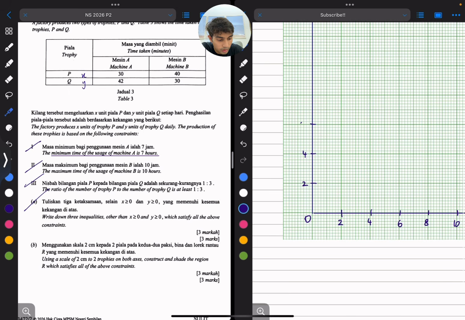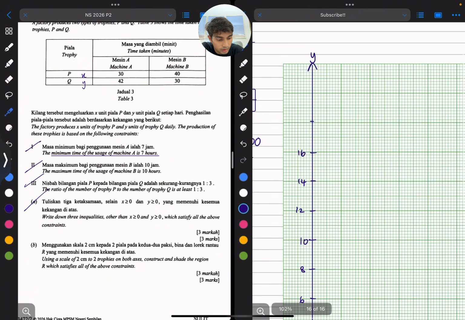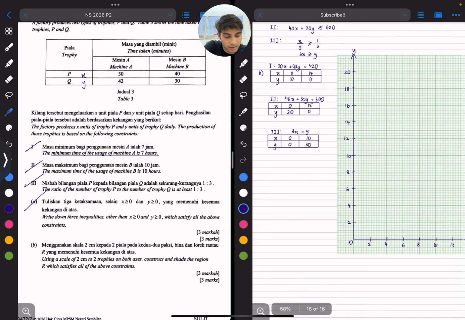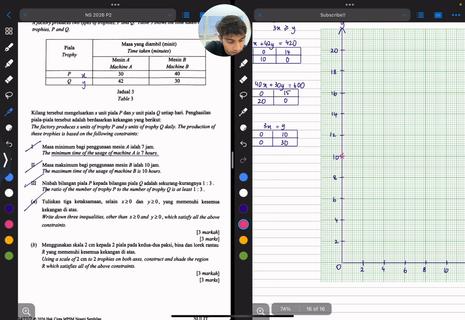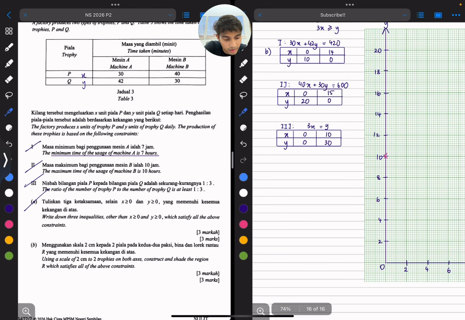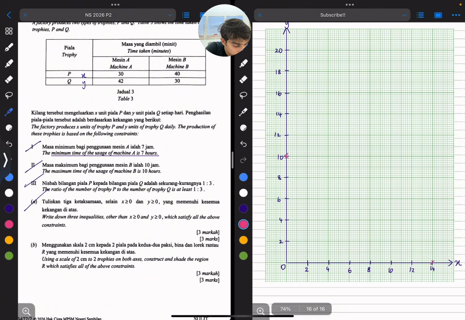Then 2, 4, 6, 8, 10, 12, 14, 16, 18, 20. Now let's plot these 3 lines. The first one, x 0, y 10 is here. And then y 0, x 14 is here. So our line we draw like this.